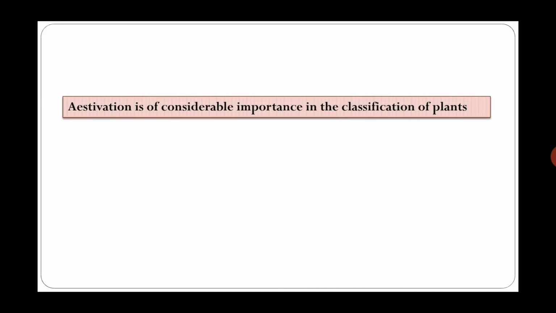Estivation is of considerable importance in the classification of plants because while we are describing a new specimen, we describe it one by one from root up to the fruit, and in that we describe calyx and corolla. While describing the calyx and corolla, we describe the number of sepals and petals, then their union, that is whether they are free, polysepalous, or united, gamosepalous, and lastly their estivation, that is arrangement.